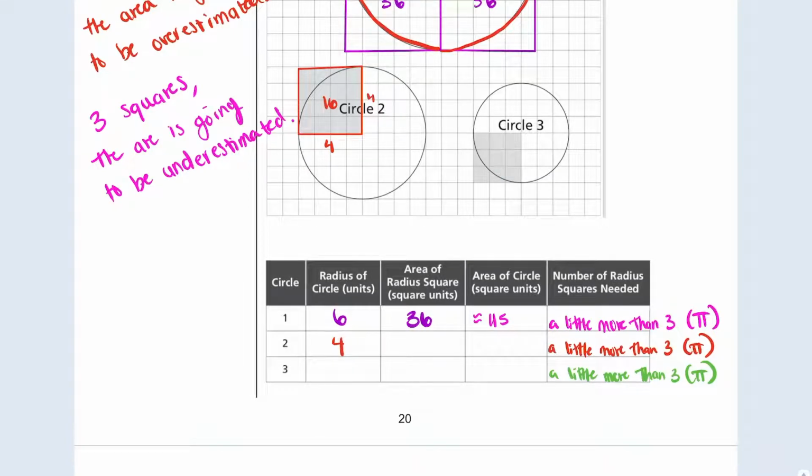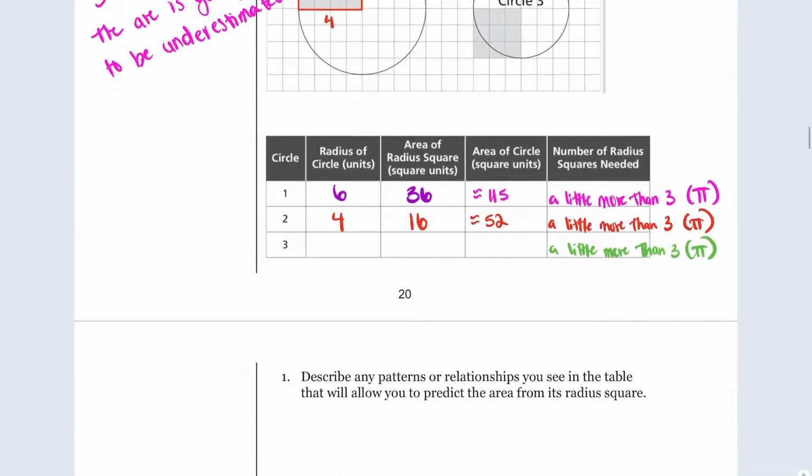The area of the radius square is 16. So I'm going to take 16, I'm going to multiply it by 3. 3 times 6 is 18, 3 times 1 is 3, plus 1 is 48. So I'm approximating probably around like 52 square inches. Okay. Somewhere around there. We'll see once we figure out the formula.